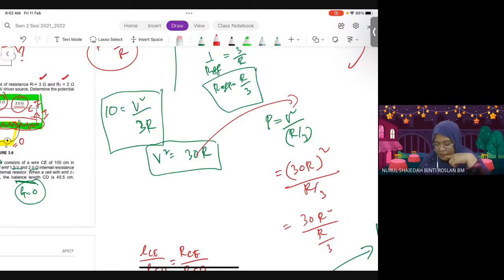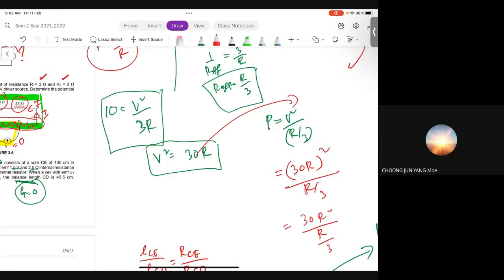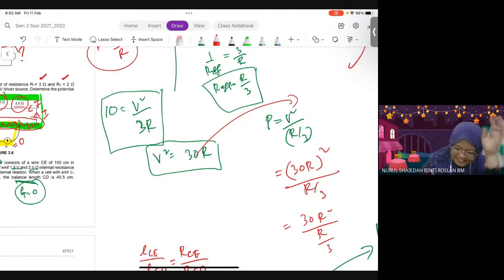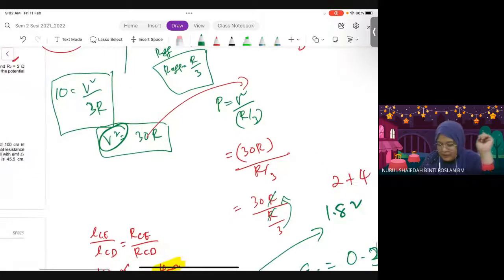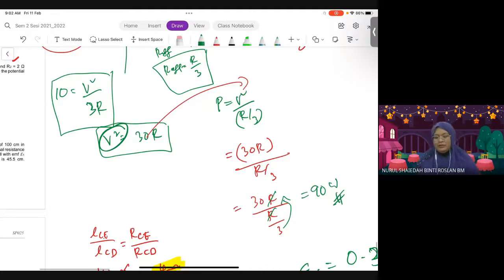Tu apa saya buat ni? 30R tak perlu square, madam. Ya. That's why saya pening. Dia tak perlu square. Bagus, betul. Sebab dia dah V square kan? Okay. So R R cancel. So 3 naik atas. So you akan dapat yes, 90 watt. Yeah, betul.